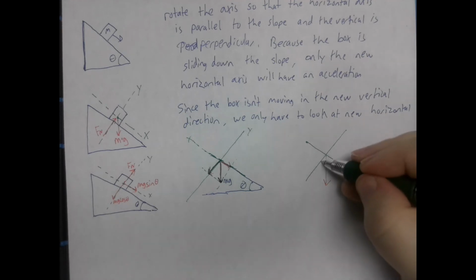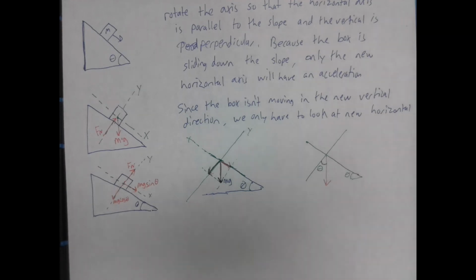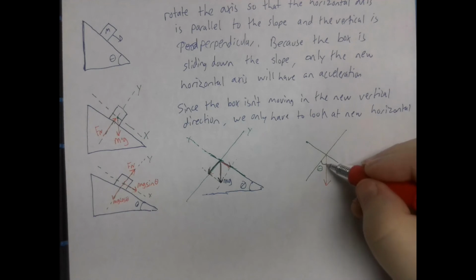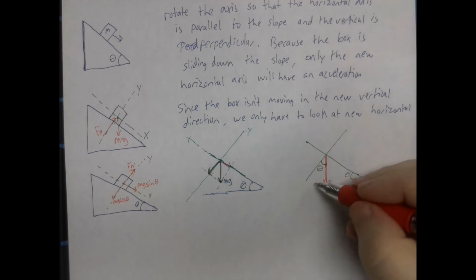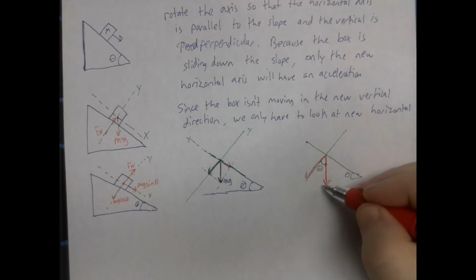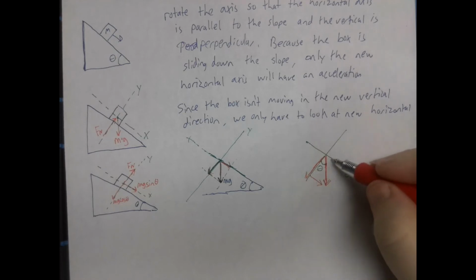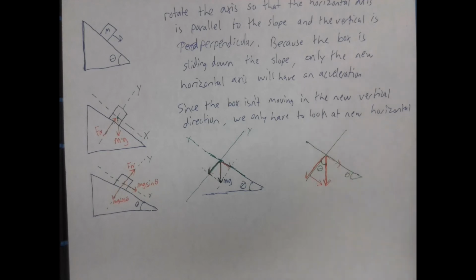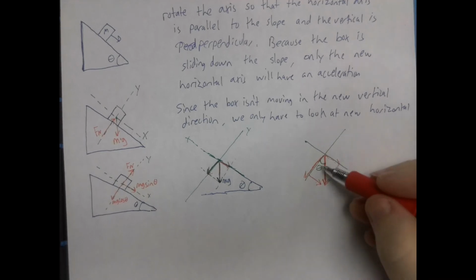So this angle right here is theta, and we can break this one vector into components. We can break it into a down component, and we can break it into a right component. This right component will be on the horizontal axis right here. So opposite.